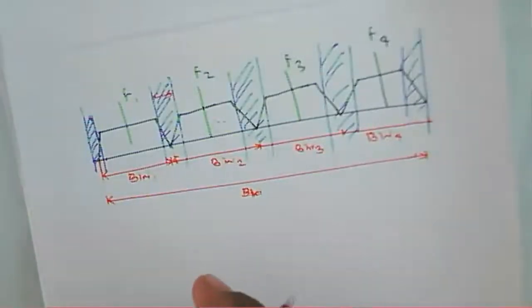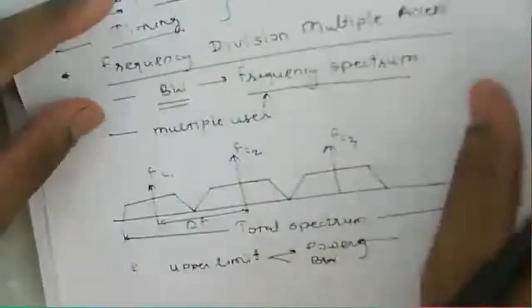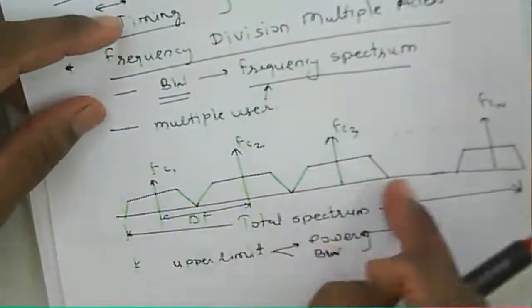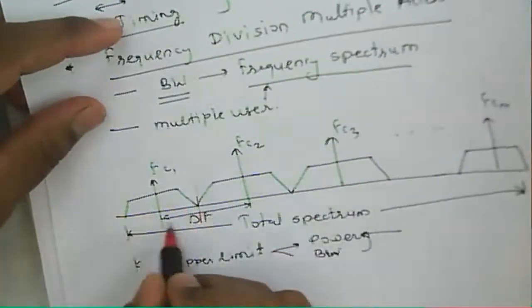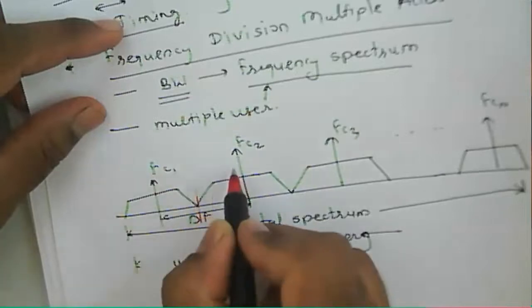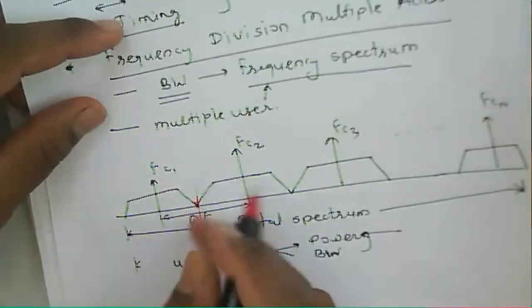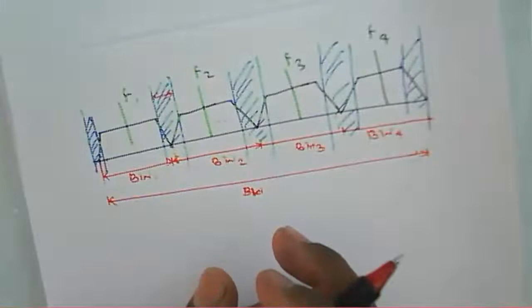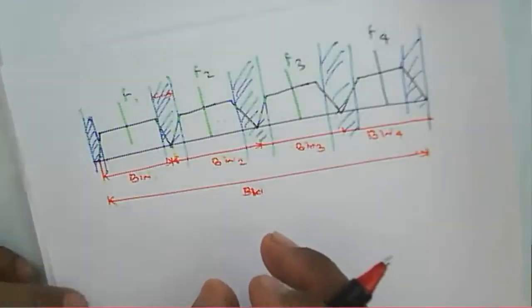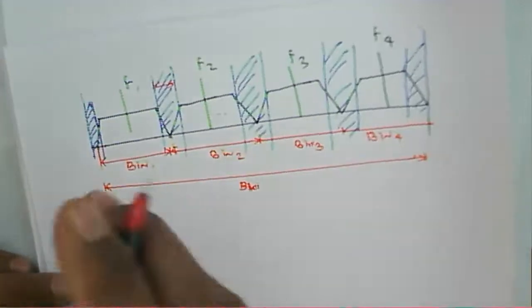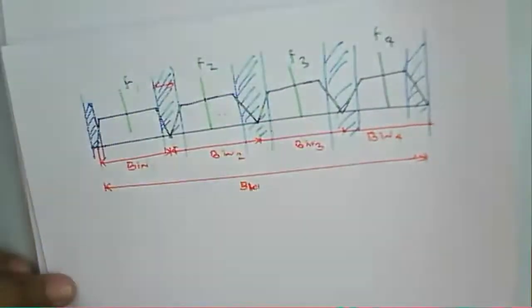Earlier we said there is a separation of carriers, but in that case we require a specific guard band. Using this guard band, the available bandwidth is reduced, so the channel capacity is reduced.